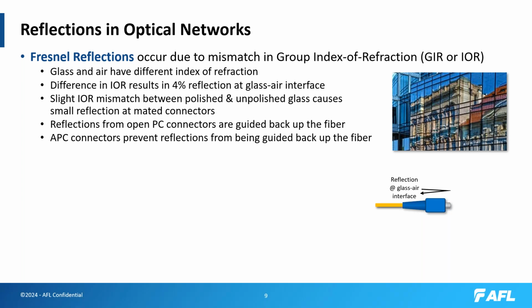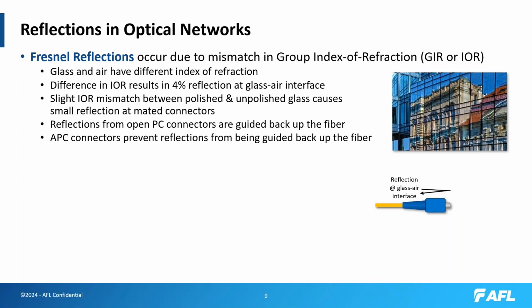And if you were to measure the reflectance, it would be about minus 14 dB due to that glass-air interface at a perpendicular interface. A slight index of refraction mismatch between polished and unpolished glass causes a small reflection at mated connectors. And again, if that's a right angle connection, a 90-degree end face, then some of that reflection will be guided back up the fiber.